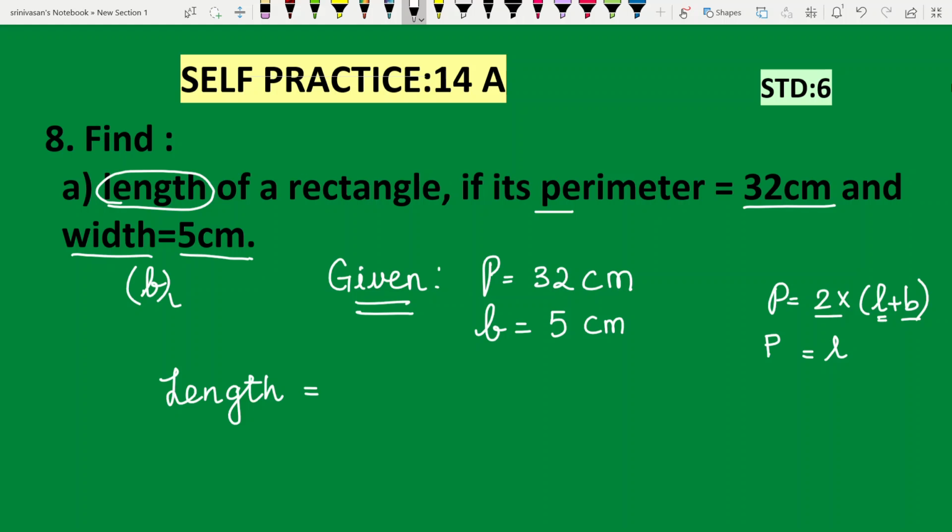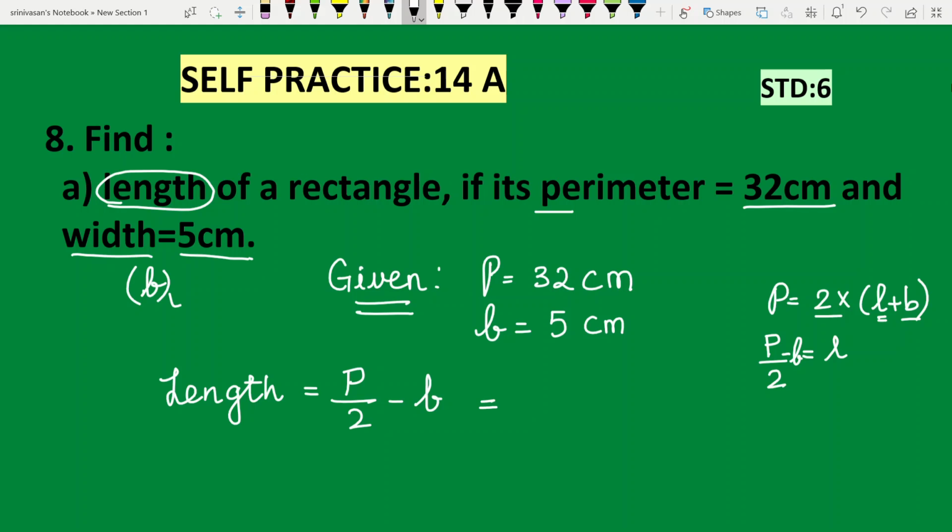P multiplied by 2, when it comes to the other side, becomes divide by 2, and plus B becomes minus B. So, the formula to find out the length of a rectangle is P by 2 minus B. P is perimeter, B is breadth.